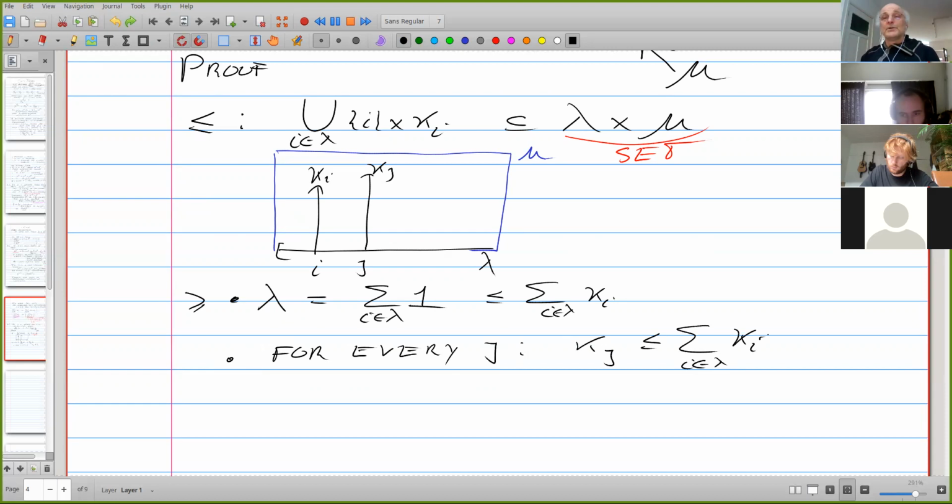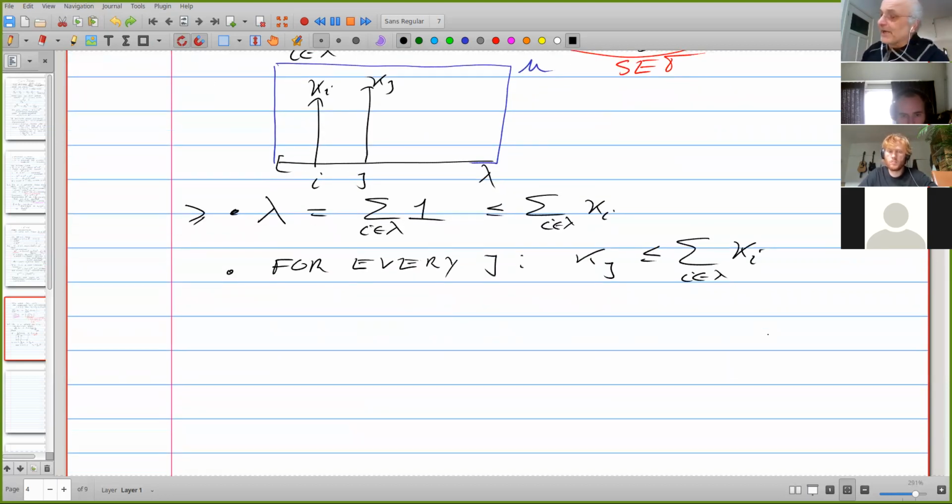for every individual j, kappa j is less than or equal to the sum. Okay, but then the supremum of all the kappa j's is less than or equal to that fixed upper bound.